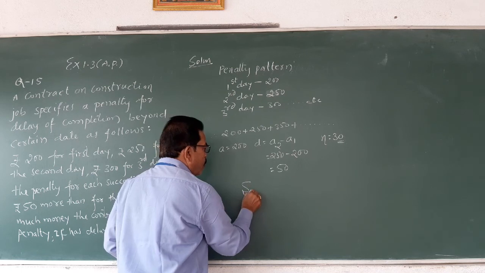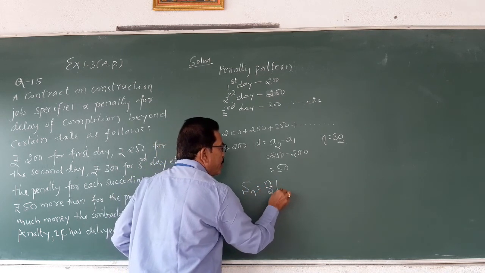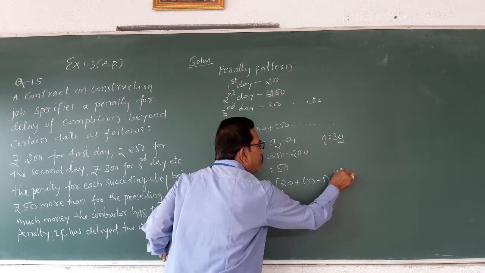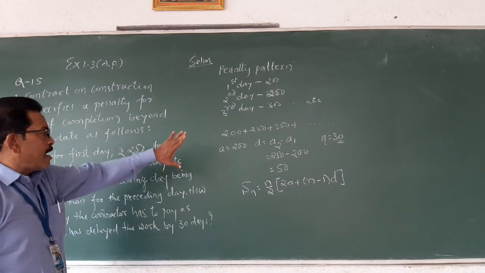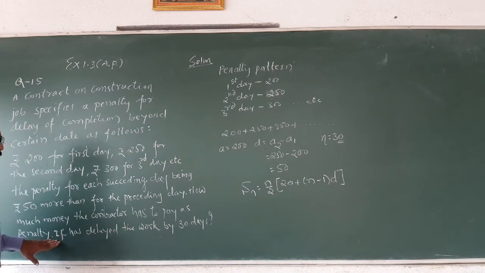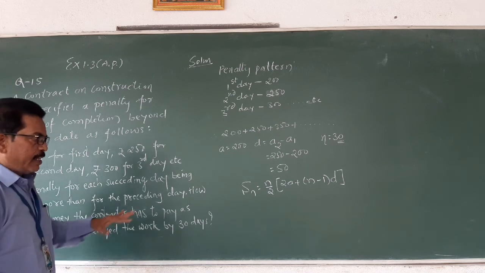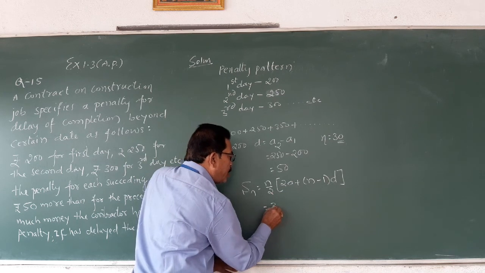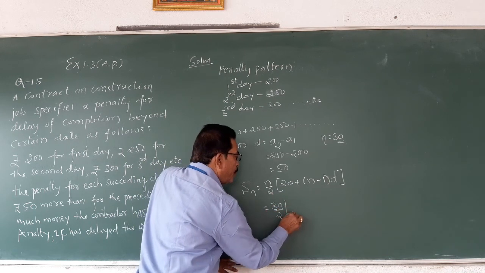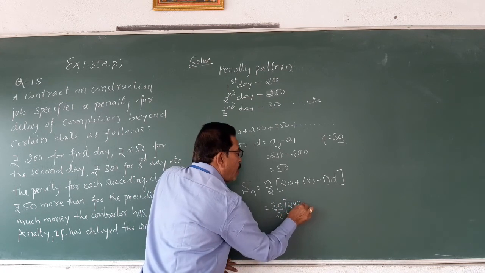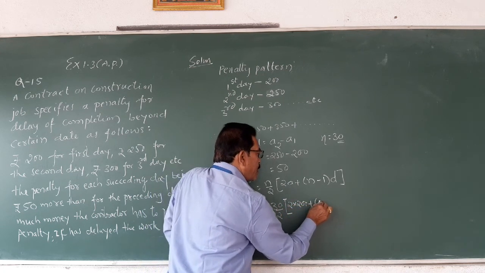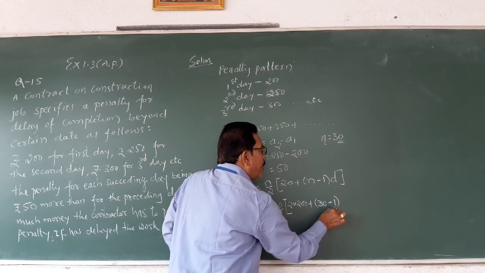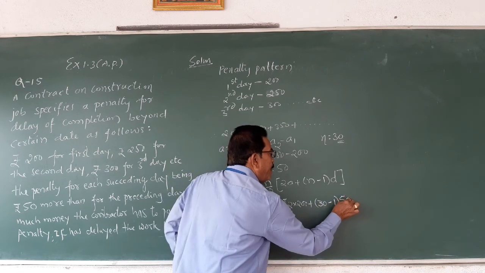So Sn equals n by 2 in the big bracket 2A plus n minus 1 into d, because he has asked us to calculate the penalty for 30 days. So Sn equals n by 2, 2A plus n minus 1 into d. n by 2, 30 by 2, 2 into A, 200, plus n minus 1, that is 30 minus 1, into d, that is 50.